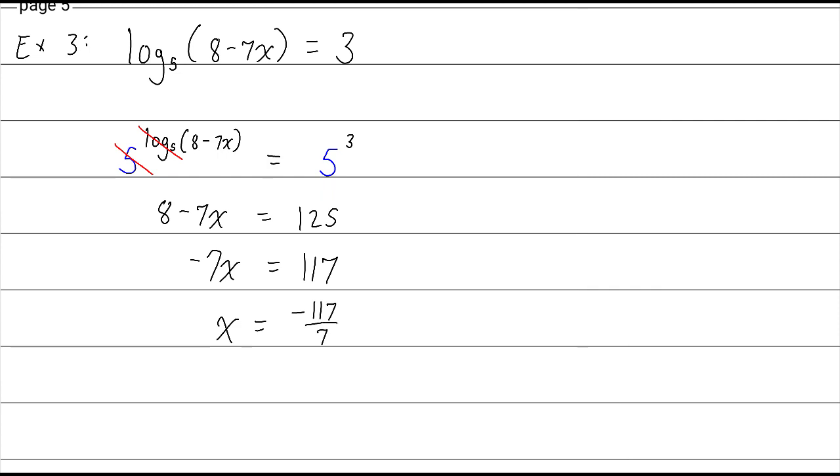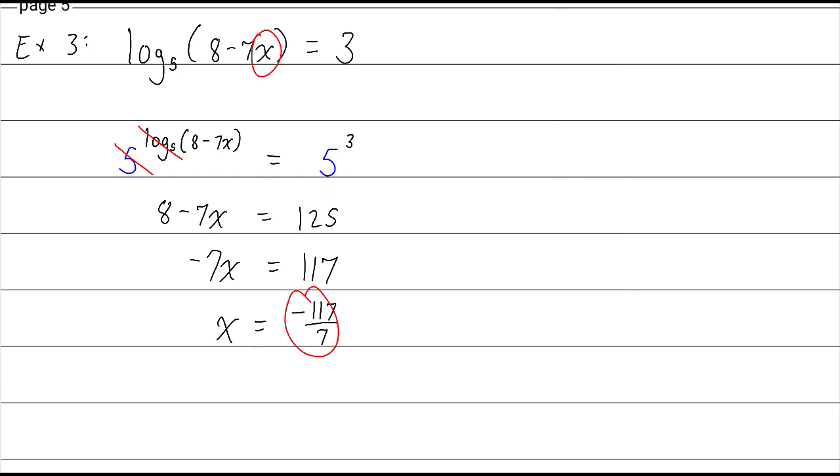All right, so again, I need to check to make sure that if I plug this in, I don't get a negative inside of the logarithm, right? If I look at the negative 117 over 7, imagine that I'm plugging this in right there.